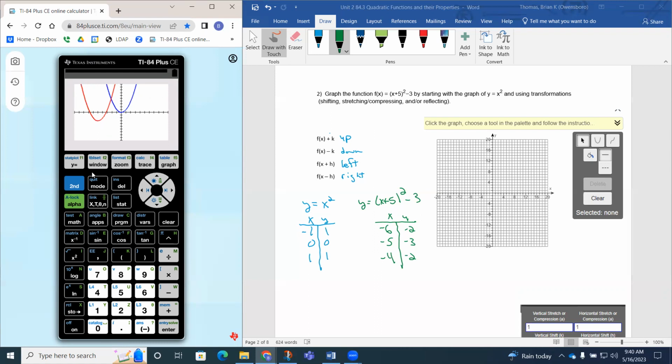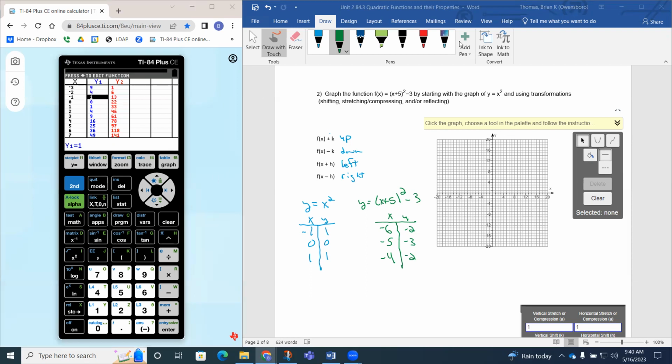So if we look at our table, notice that instead of having -1, 1, let's see here, that doesn't look right. Okay, pause a second here. My fault.